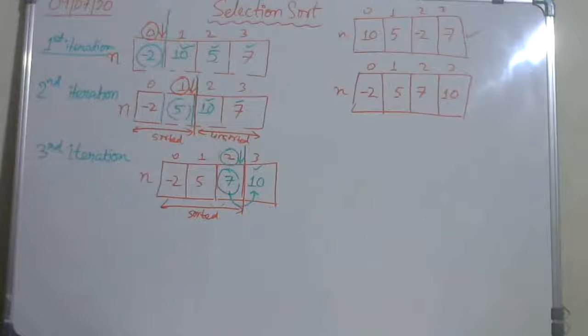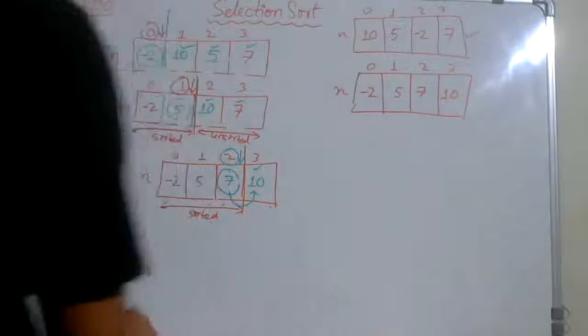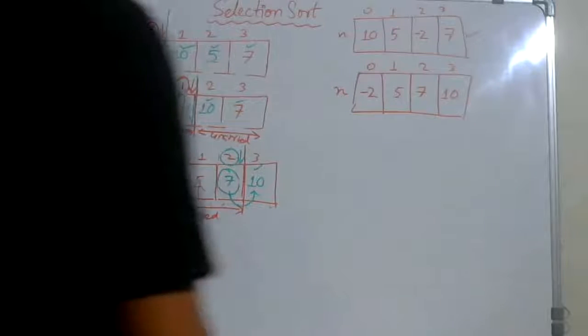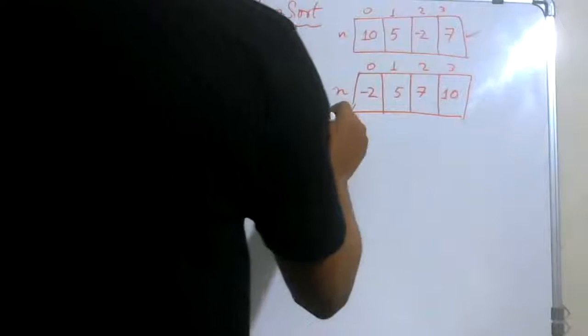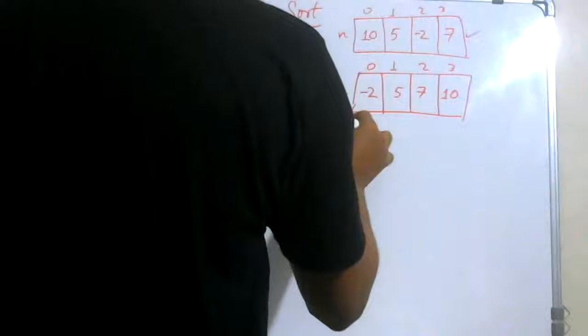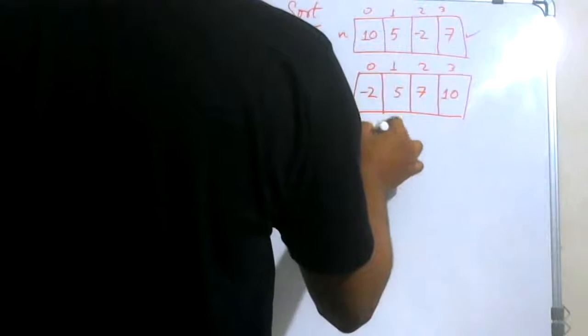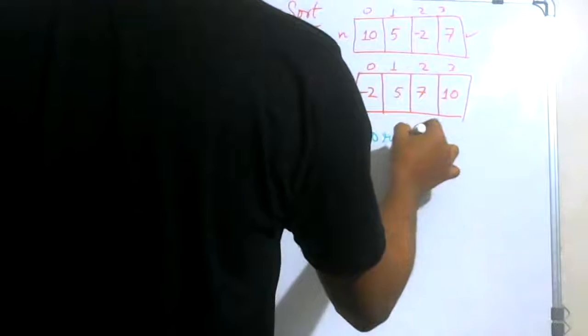So there are some points that we need to remember, the points that we have seen up till now, in the case of selection sort.